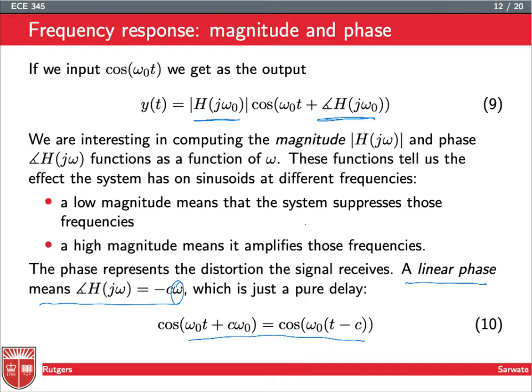If all frequencies get delayed the same amount, linear phase is great because everything is getting delayed by the same amount. However, if different frequencies are getting delayed by different amounts because the phase is different for each of these frequencies, you're going to get some distortion in the signal. There's going to be some bleeding or spread. So that's a topic better addressed a little bit later.